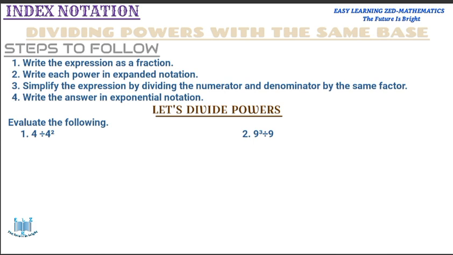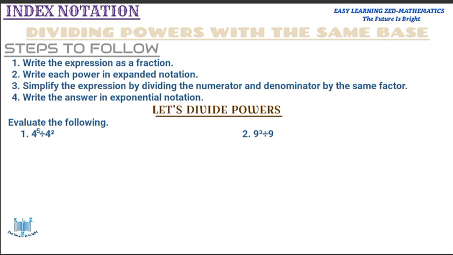Question 1 is 4 to the power of 5 divided by 4 to the power of 2. Question 2 is 9 to the power of 3 divided by 9 without a power. Okay, so let's start with question 1, which is 4 to the power of 5 divided by 4 to the power of 2.